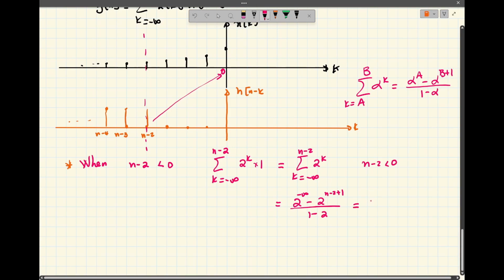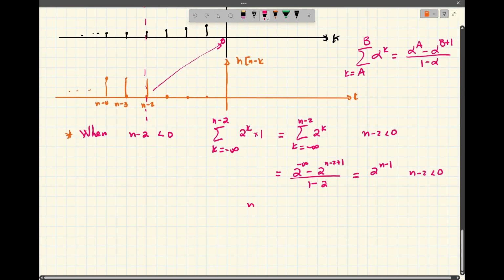Which is equal to 2 to the n minus 1 when n minus 2 is less than 0. So y of n equals 2 to the n minus 1 when n minus 2 is less than 0.